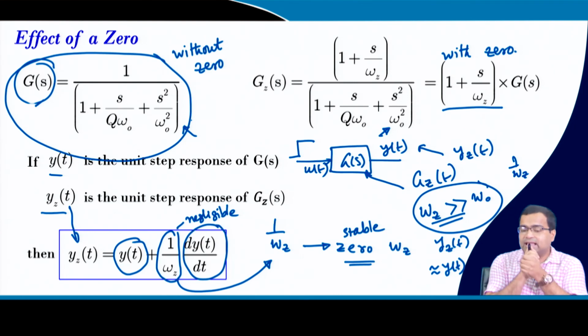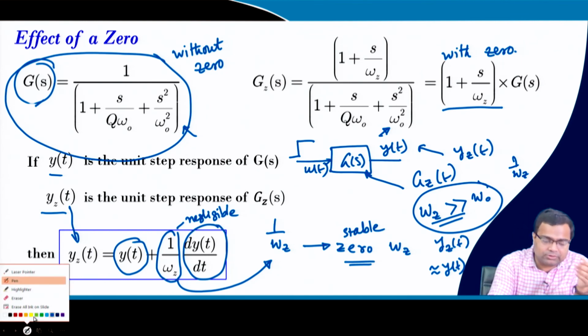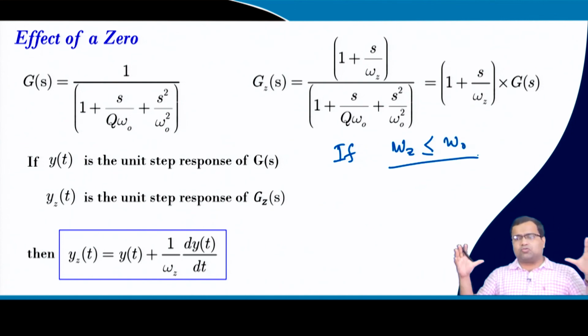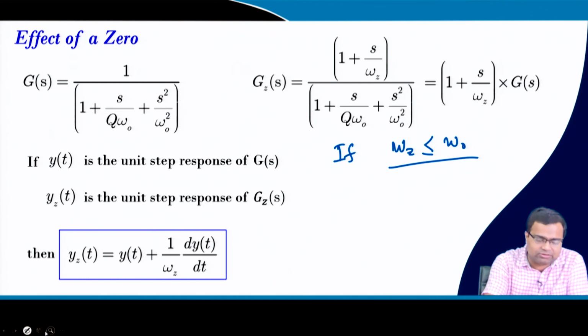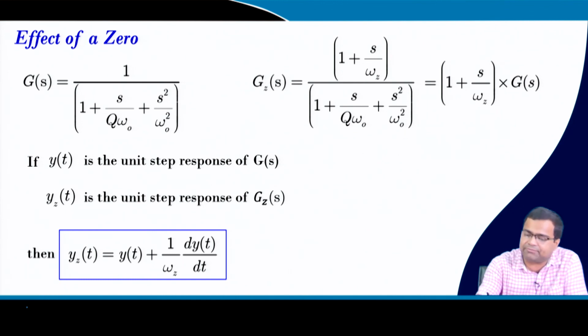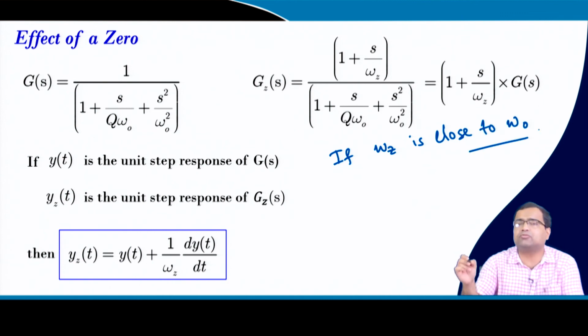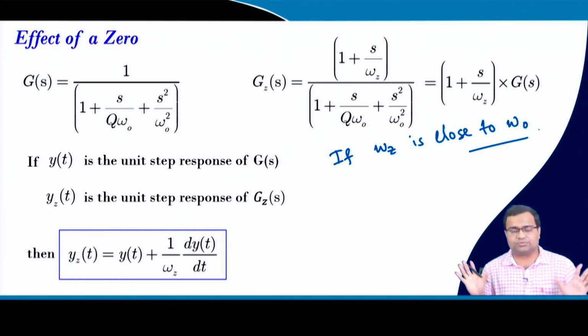The next case is if the 0 comes close to the imaginary axis. That means omega z is close to omega 0; it may be slightly higher or lower.